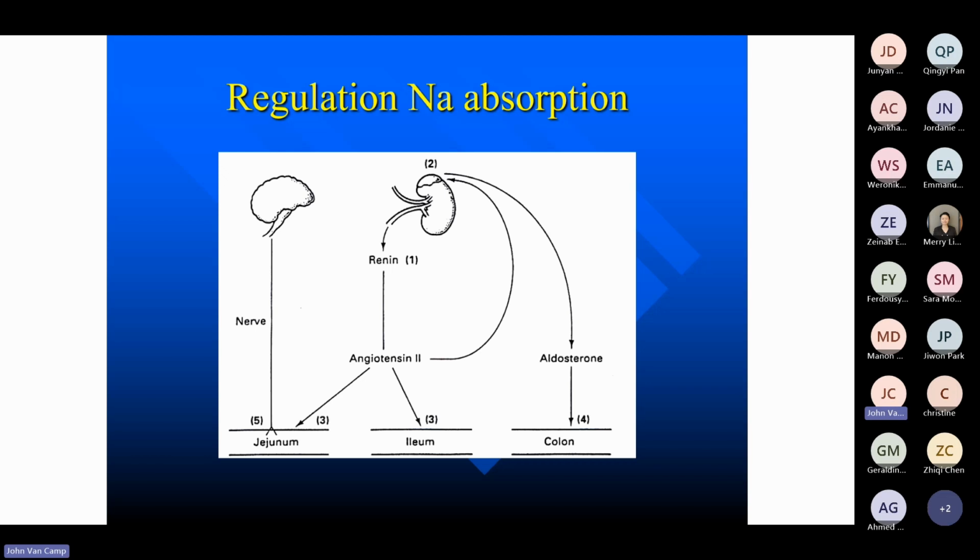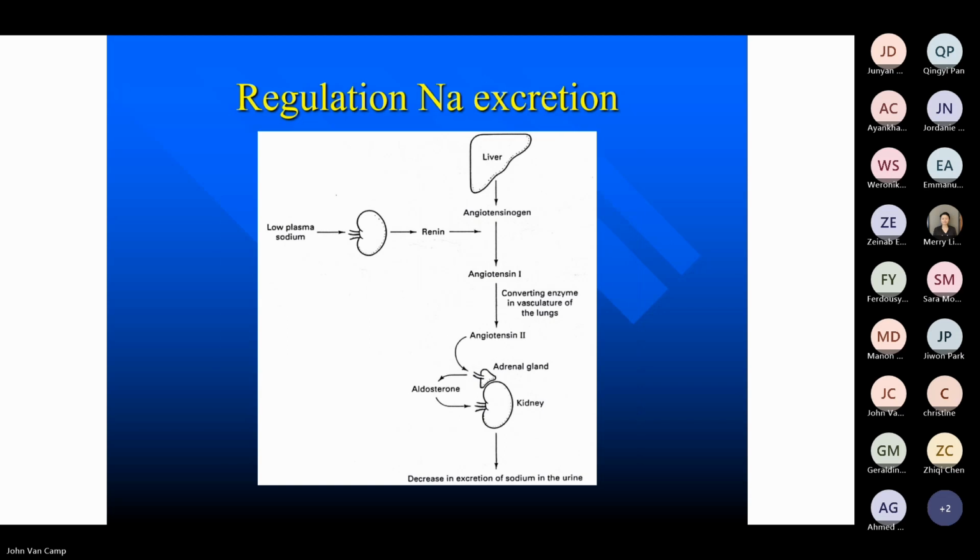So the blood pressure can quite quickly lead to more uptake of sodium in the GI tract, thanks to the combination, in this case, of hormones that are produced by the kidneys. At the same time, when the plasma sodium levels are low, you get the release of renin by the kidneys. You can also have the conversion of angiotensinogen to angiotensin 1, which is done in the liver.